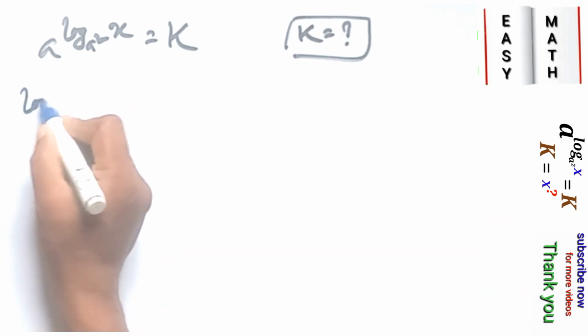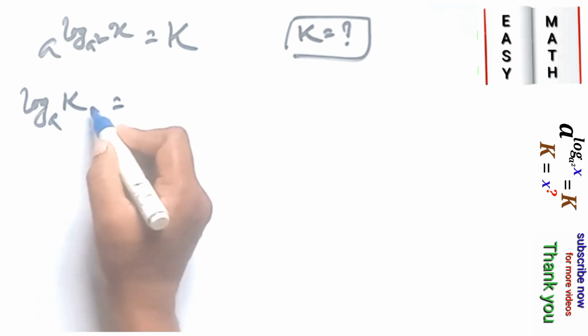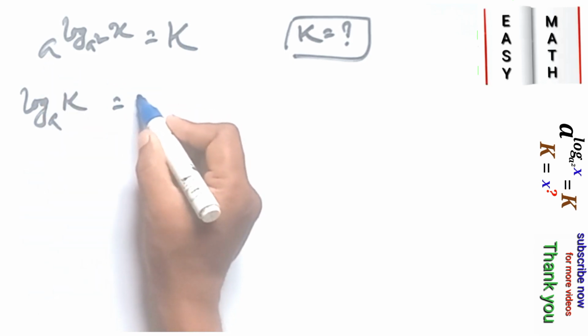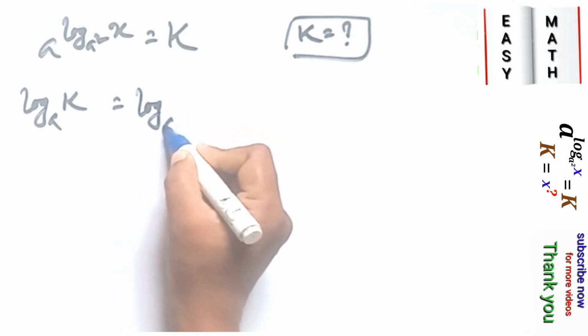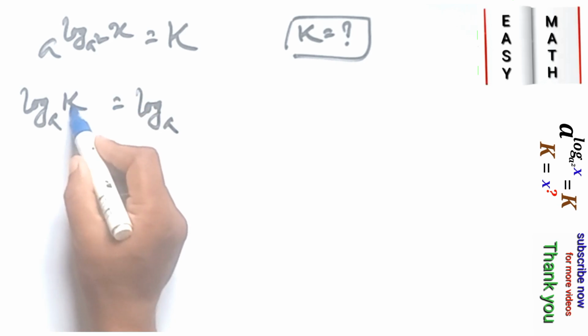So we can write the log a to the power k is equal to, we can write the log a, and this is equal to the k.